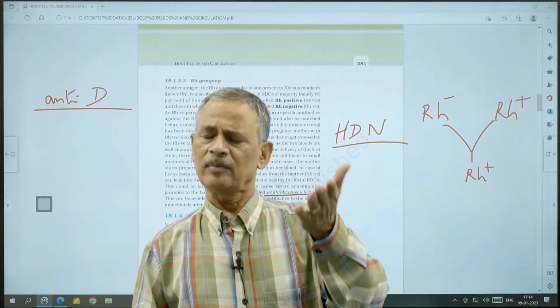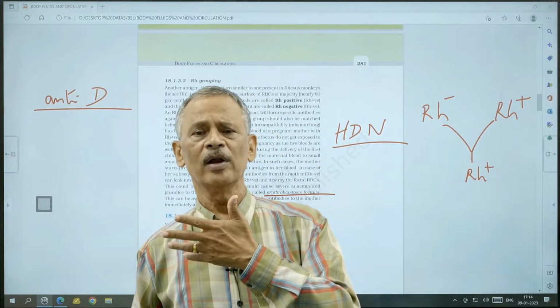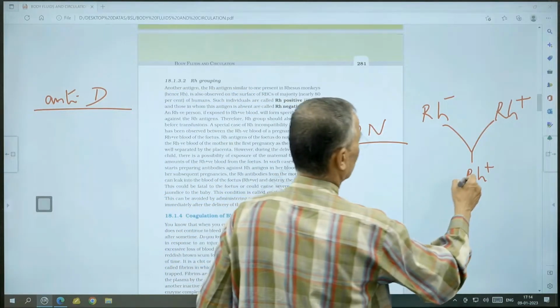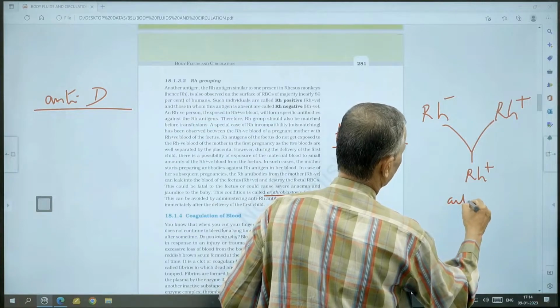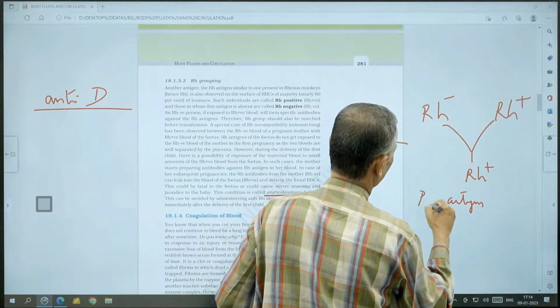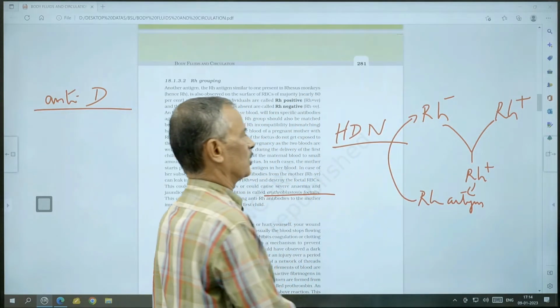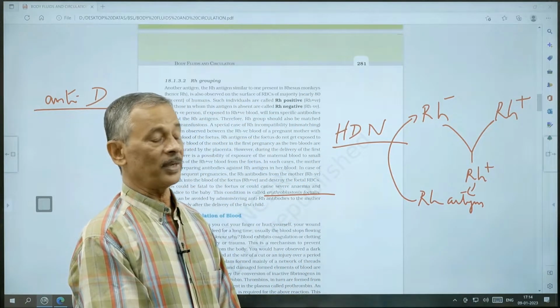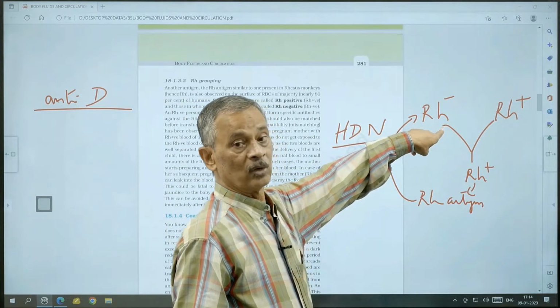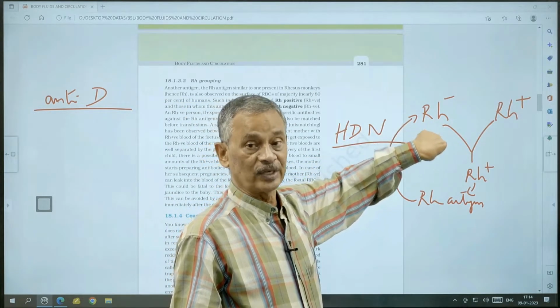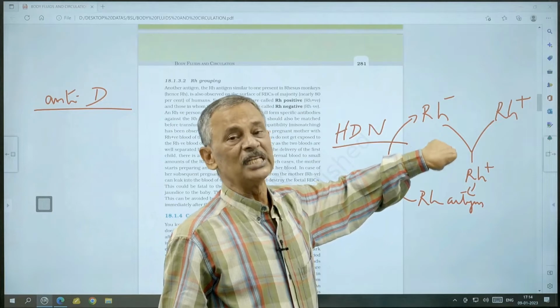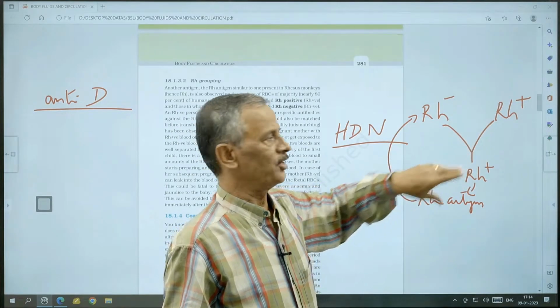So by the time the first baby is delivered, no problem. But this RH antigen from this baby enters into the blood of mother. So what will happen? She is RH negative. When RH antigen is introduced to her body, she starts producing antibody.